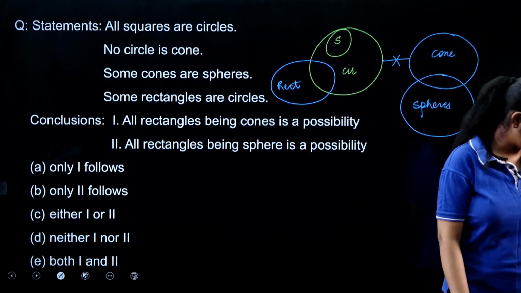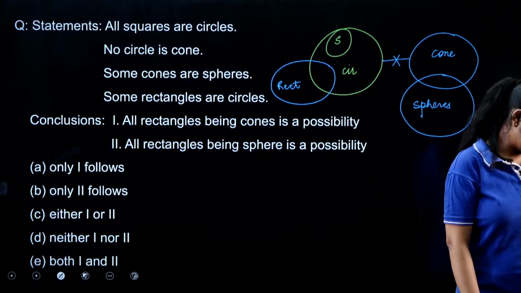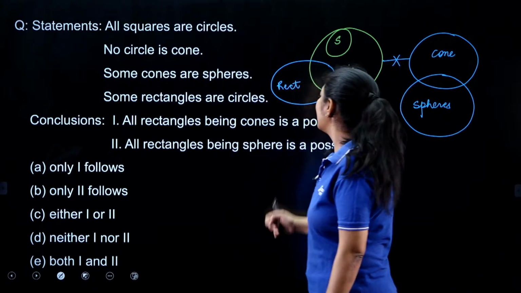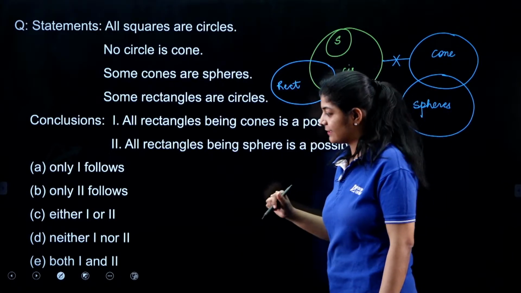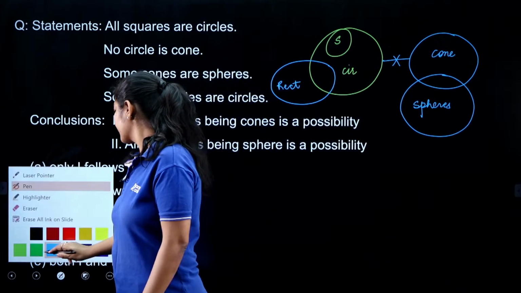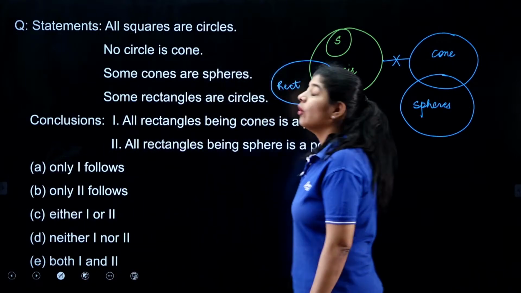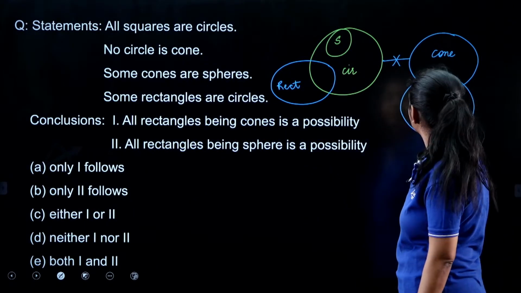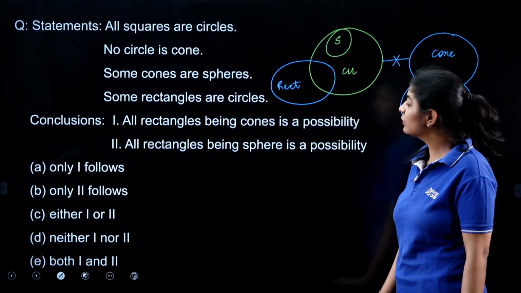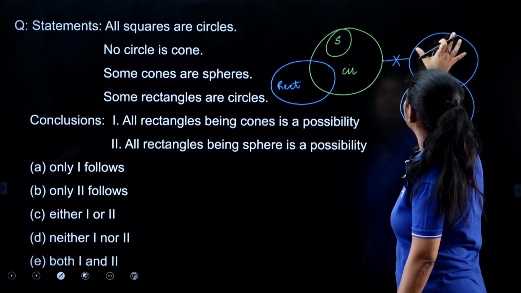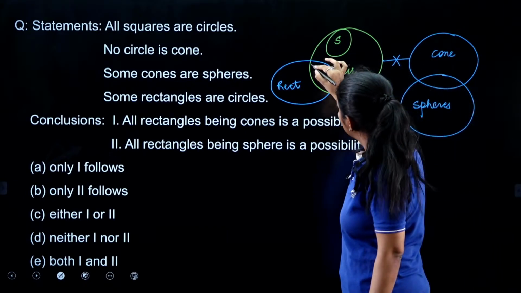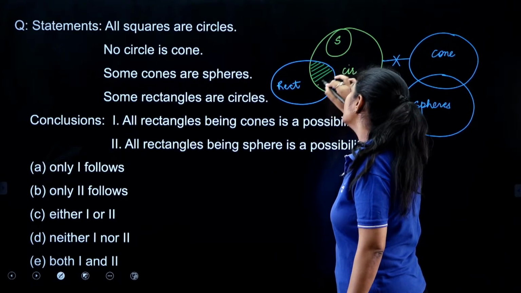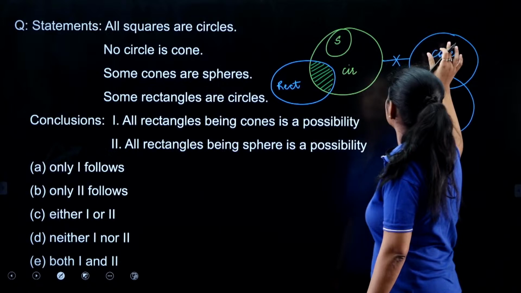Okay, let's see. Here the conclusions that we are having are of the possibility cases, right? The first says that all rectangles being cones is a possibility. Here we know that this circle can never be a part of cone, and this part of rectangle which is common with circle can also never be a part of cone.